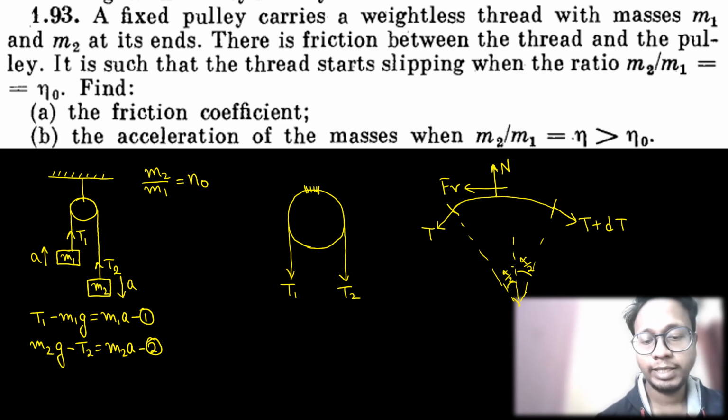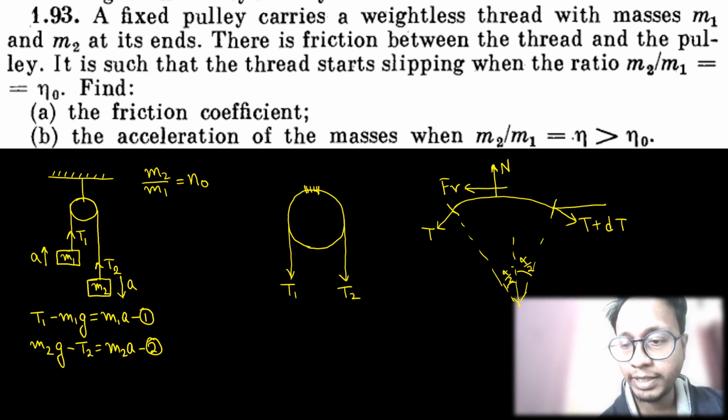In the previous problem, if I resolve this T plus dT and T into horizontal and vertical components, what will it be? If this angle is alpha by 2, this angle will also be alpha by 2. If I resolve this T plus dT in the horizontal direction, it would be T plus dT cos alpha and T plus dT sin alpha.